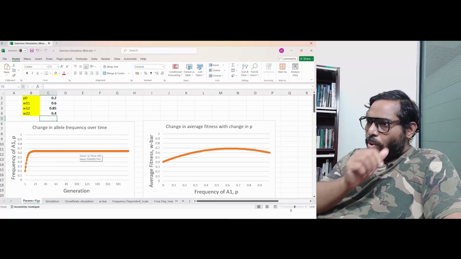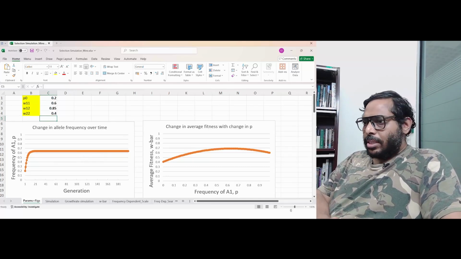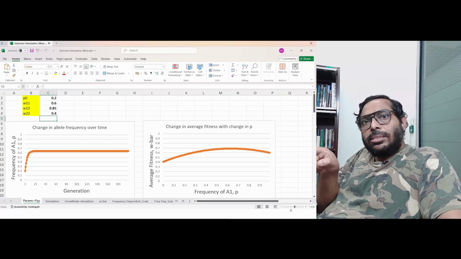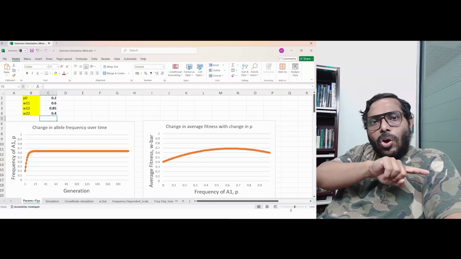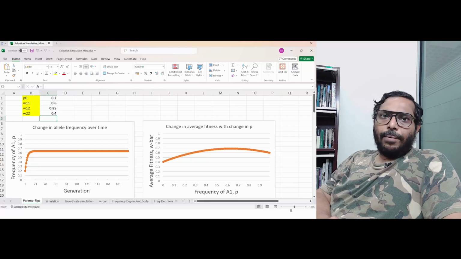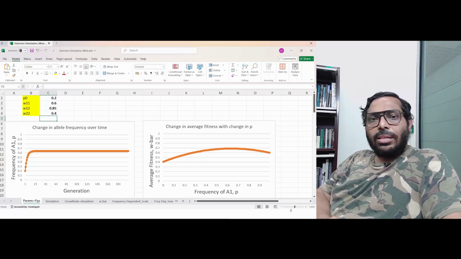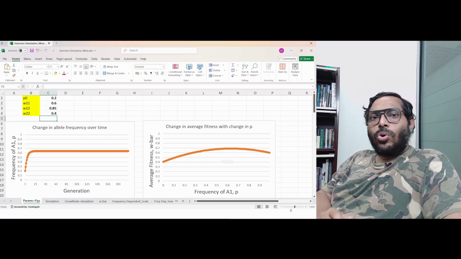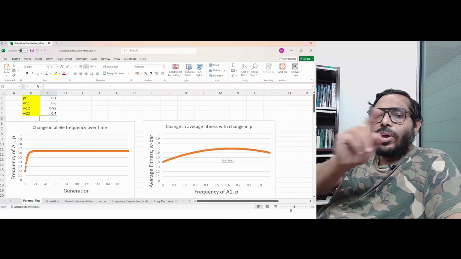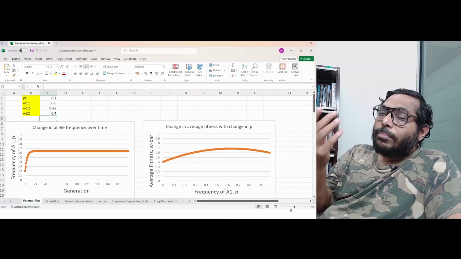When that happens, the relationship between W bar and P takes a convex shape with a maxima somewhere in the middle. Whenever you see this, you know that the equilibrium frequency is going to be somewhere between 0 and 1.